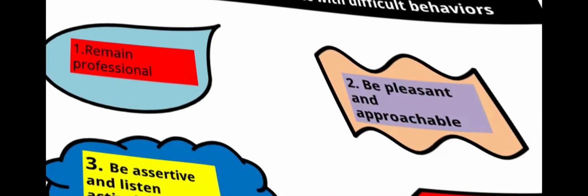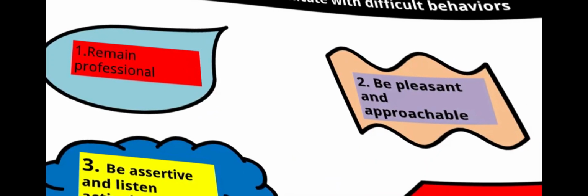The third section of today's lesson is the 4 tips to communicate with difficult behaviors. Here there are 4 tips to communicate with difficult behaviors. The first one is remain professional. Remaining professional while communicating with difficult behavior helps you to keep calm and speak with a respectful tone.